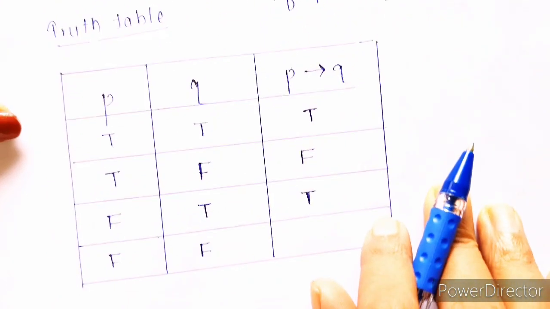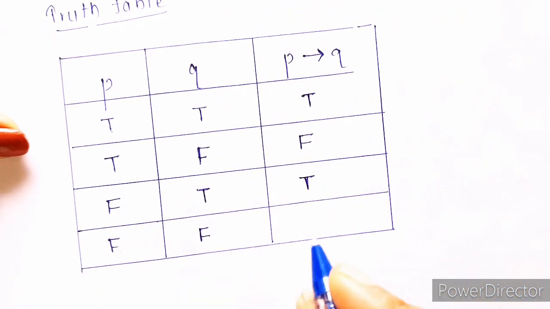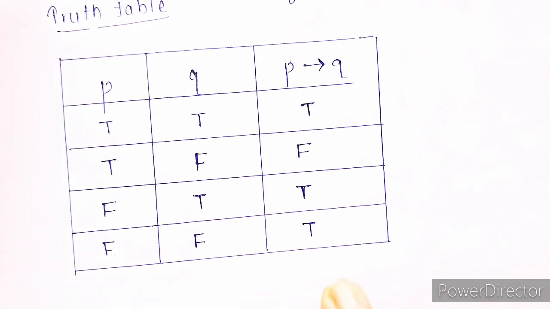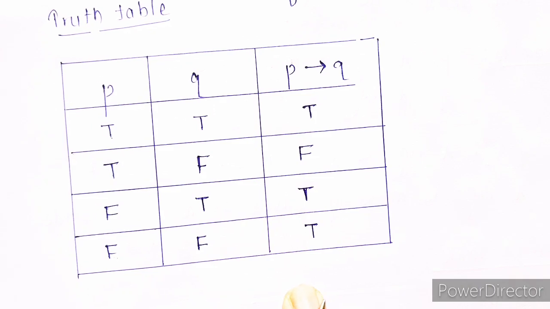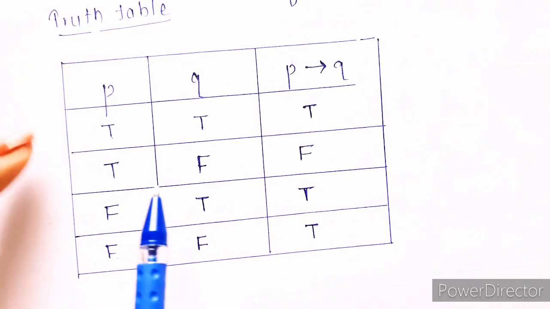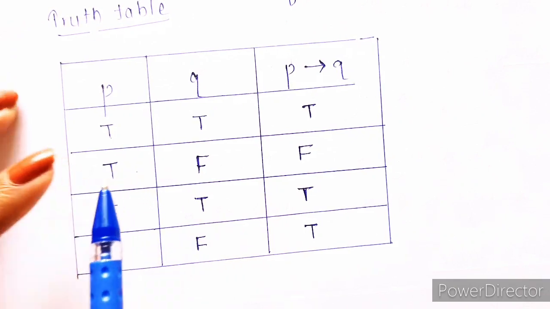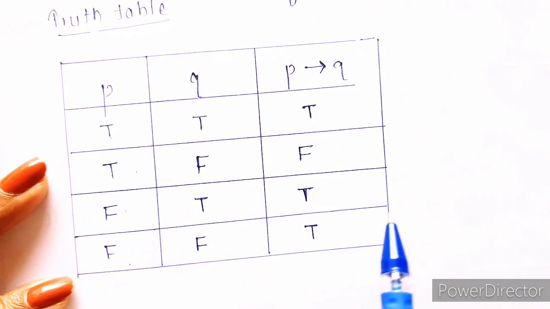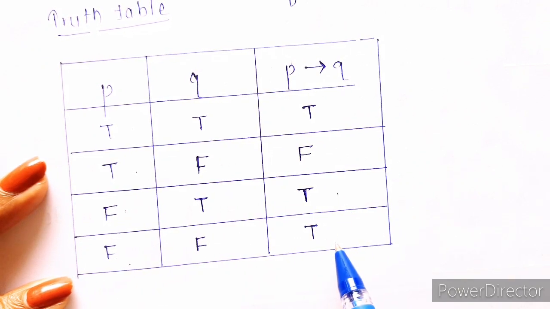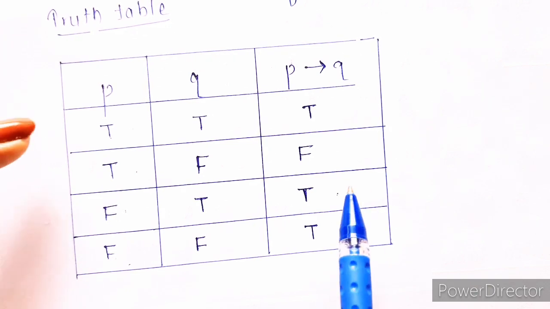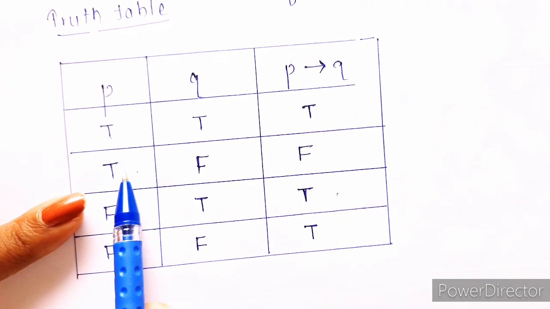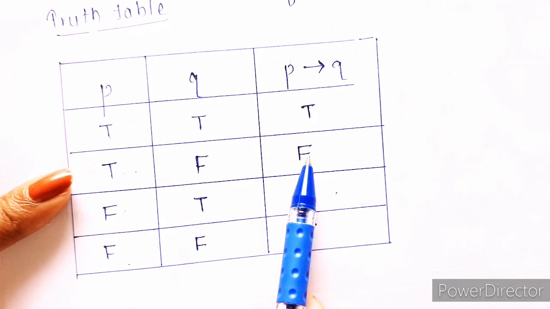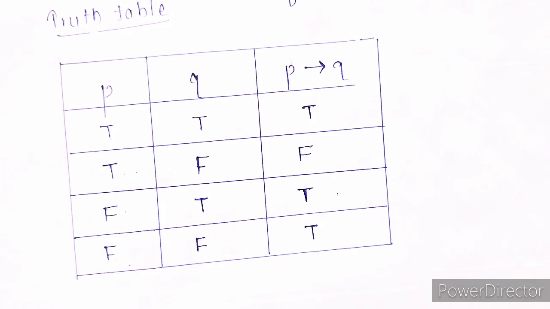So if your hypothesis is false, the statement is always going to be true, because we cannot discuss it further. Only if the hypothesis is true can we discuss it. Otherwise, if the hypothesis is false, the statement is always going to be true. Only when the first is true, that is P is true and Q is false, is it going to be false. Otherwise, in all other cases, it is going to be true.